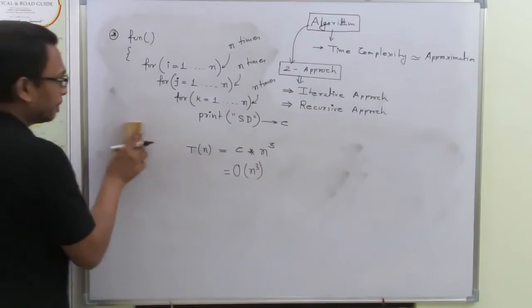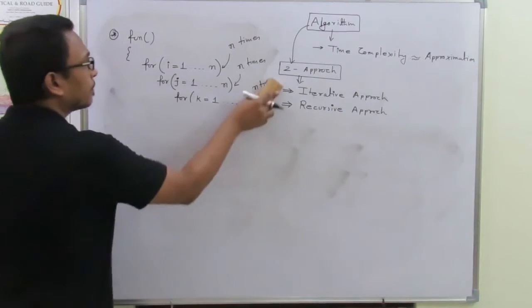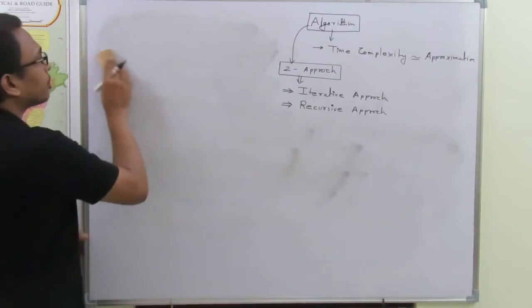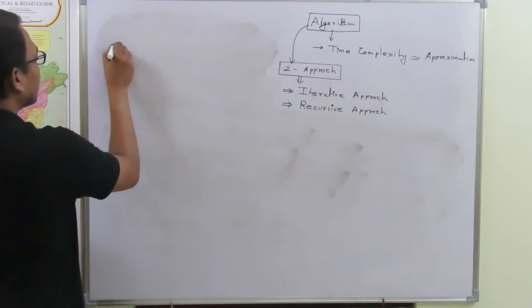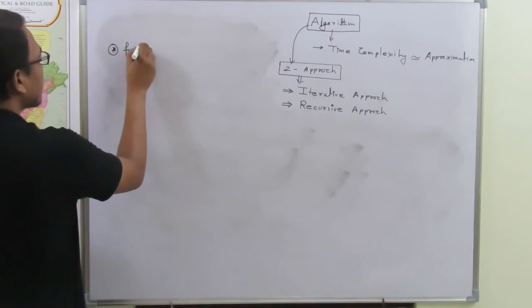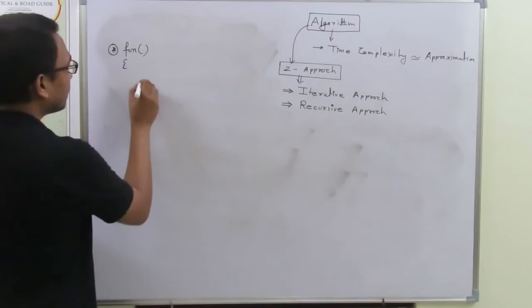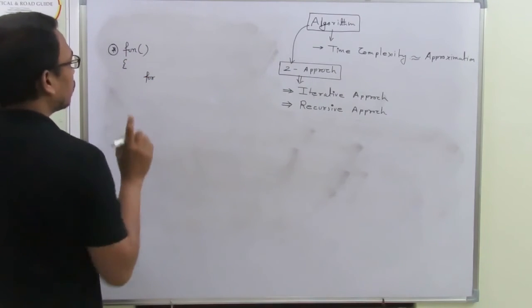Now let's say we have a function where we have two loops.